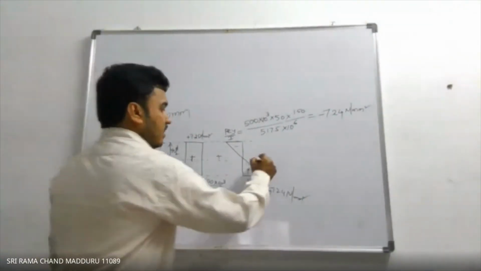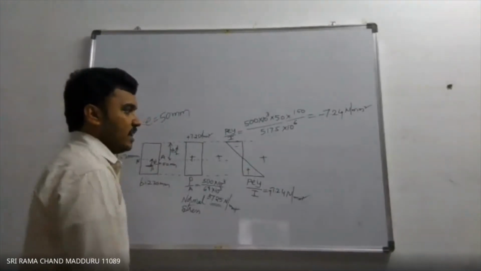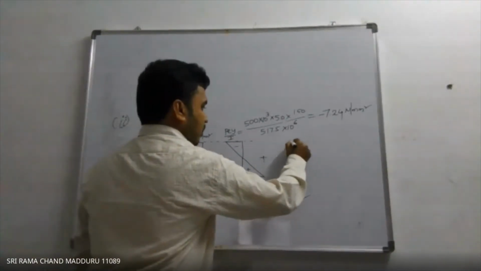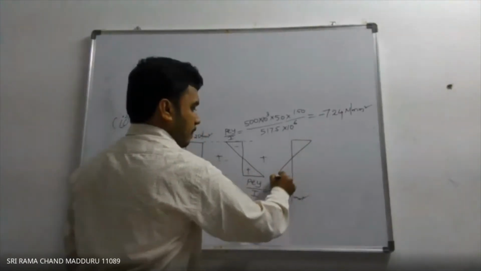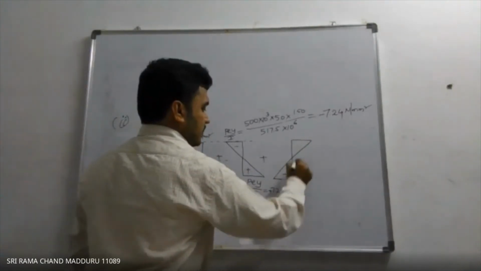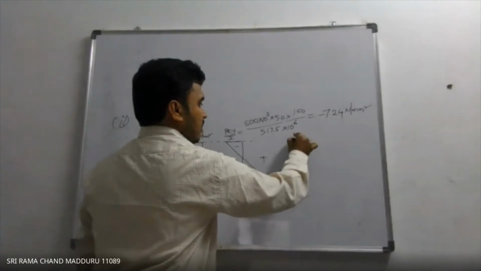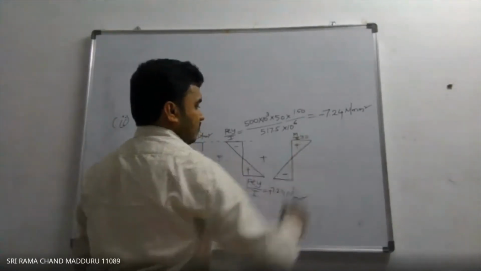Along with this, you should also consider the bending moment. The bending moment loading is like this. So the top is negative, the bottom is positive, M by I into y.